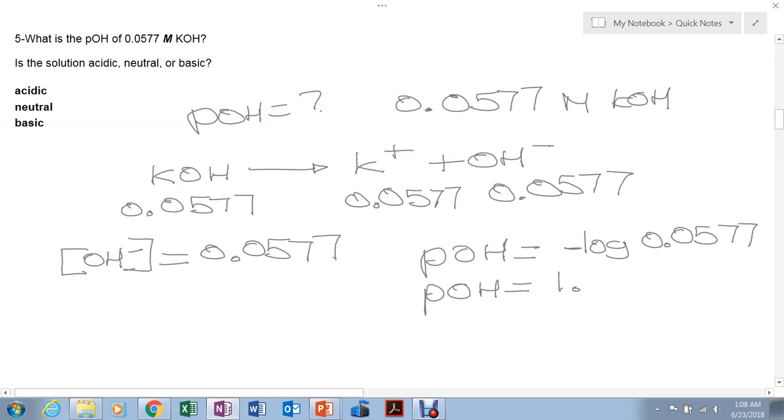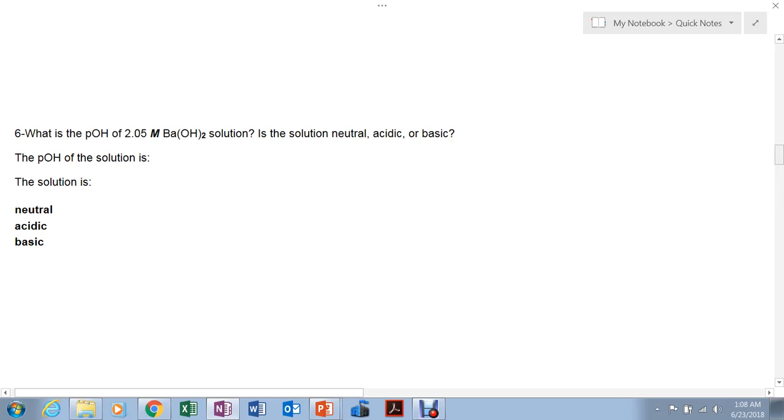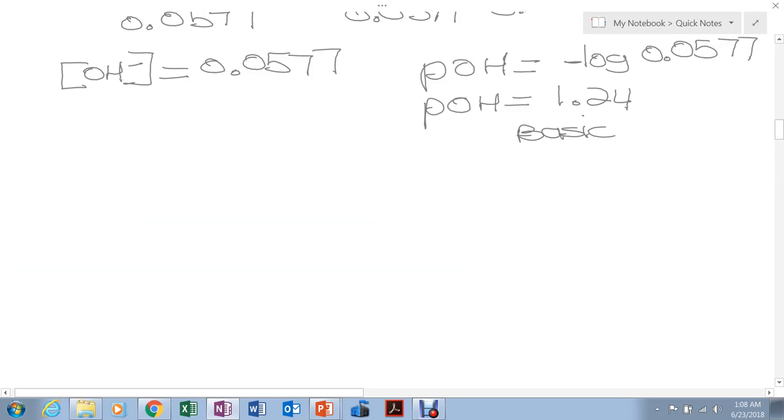If you got a lower pOH, it is basic. If you got a lower pH, it is acidic. A lower pH is a higher pOH. A lower pOH, basic, a higher pH.